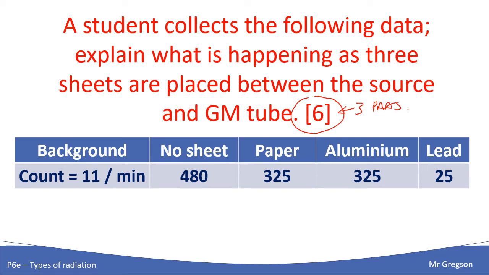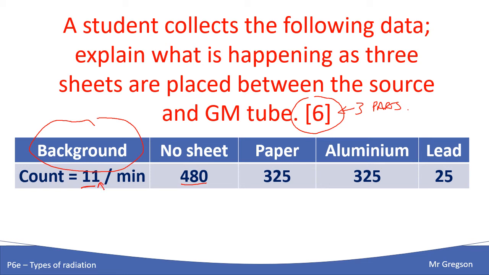But in your previous lesson you should have been looking at background radiation. Now what's very, very important when you are counting radiation is that you keep taking background radiation into account. So if we have our radioactive source and we count 480, well, there would have been 11 anyway according to this when we did our background check.